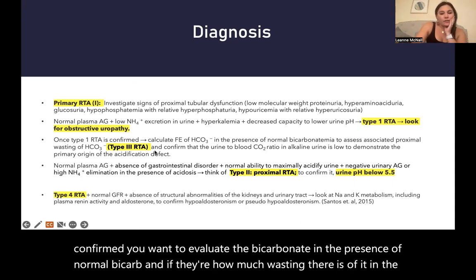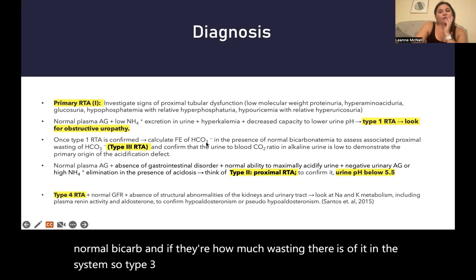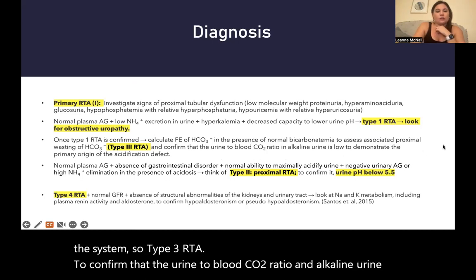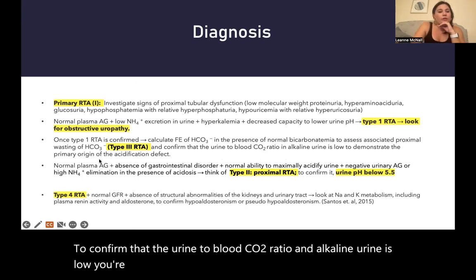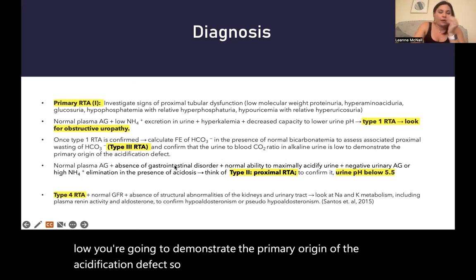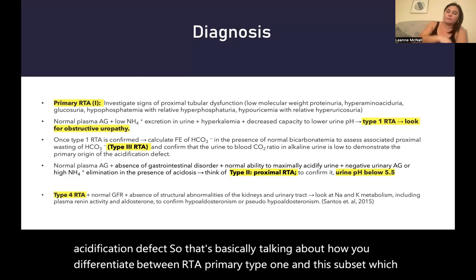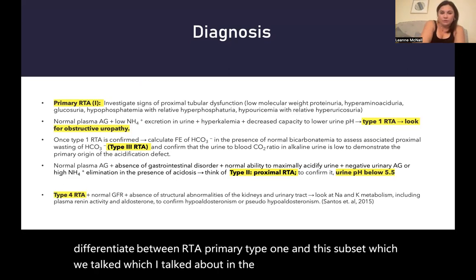For type 3 RTA, to confirm that the urine to blood CO2 ratio in alkaline urine is low, you're going to demonstrate the primary origin of the acidification defect. That's basically how you differentiate between primary type 1 and this subset, which I talked about in the beginning. It's mostly only found in infants.